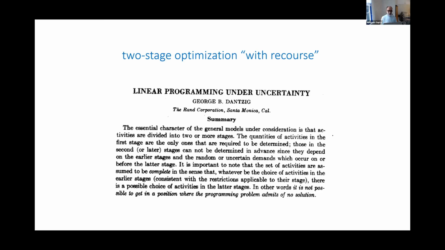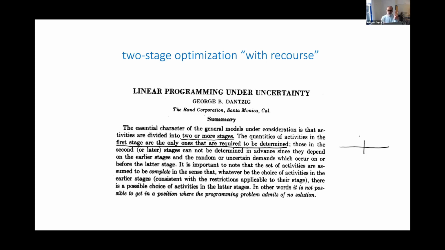Basically, it says that the models are divided into 2 or more stages, and only the first stage decisions need to be determined. Once you know the first stage, the second stage and others cannot be determined in advance since they depend on earlier stages. So there's a sequence of adaptive decisions that need to be made. In this case, there is only one adaptive decision, on the second stage.